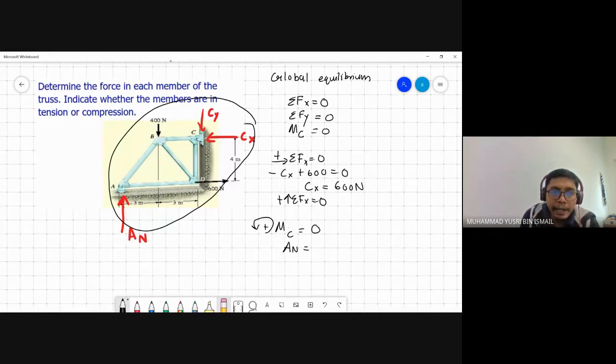After you calculate AN, what's next is to apply the global equilibrium in the y-axis in order to determine the value of Cy. Okay, try to solve it.